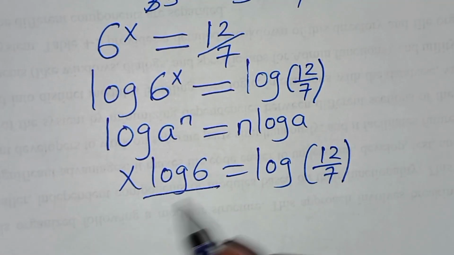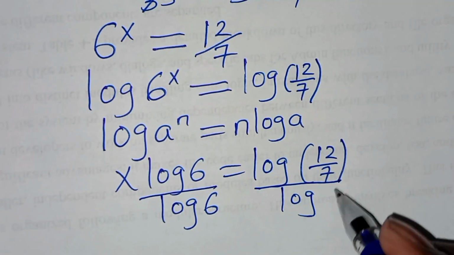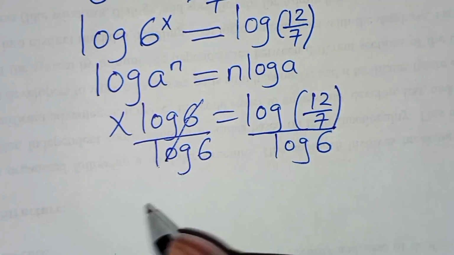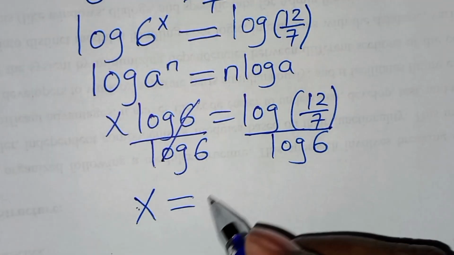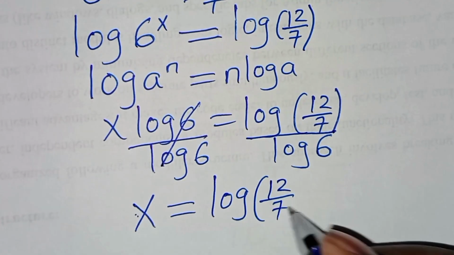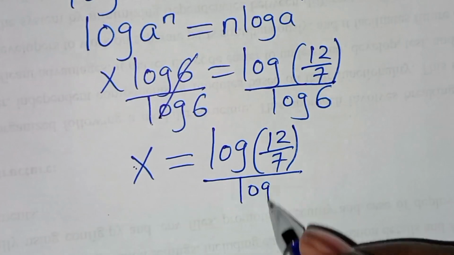Let's divide both sides by log 6. By simplifying here, we have x equal to log 12 over 7 divided by log 6.